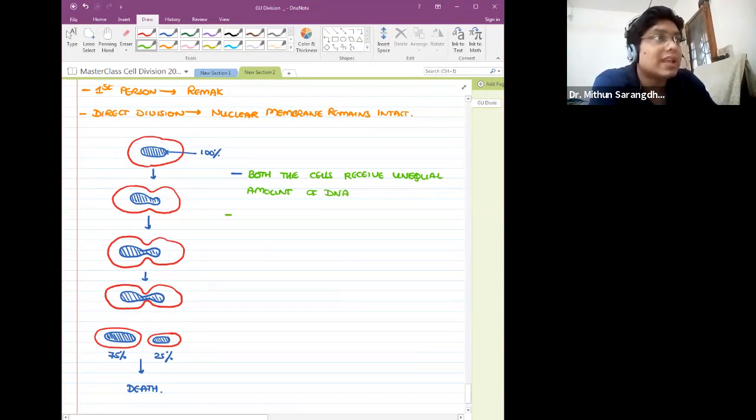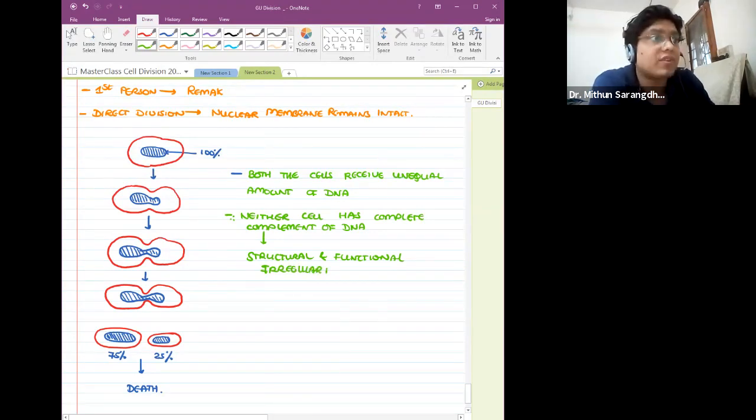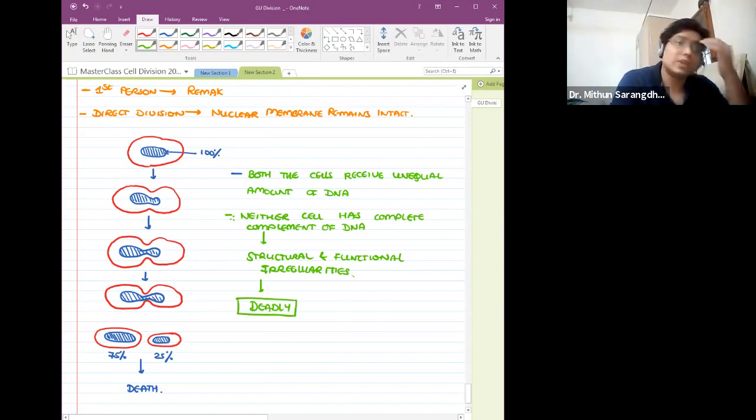Therefore, neither of the cells has a complete complement of DNA, and this is going to result in structural and functional irregularities. And guys, if you have structural and functional irregularities, then definitely you are not going to survive. This is going to be deadly, meaning it is going to result in the death of the person.